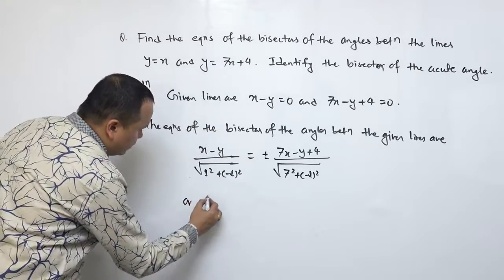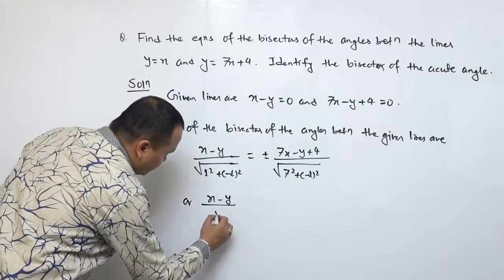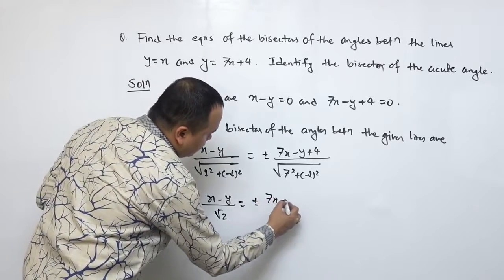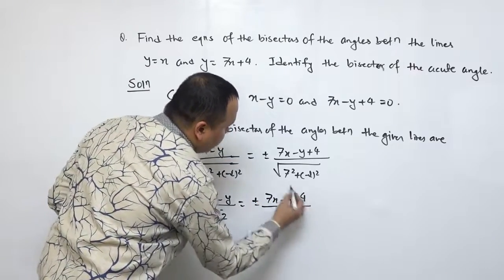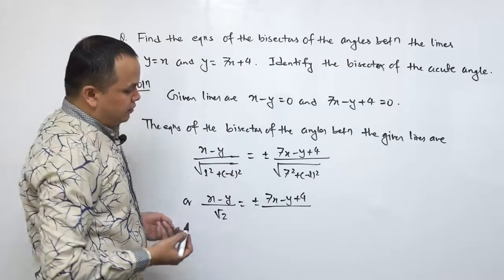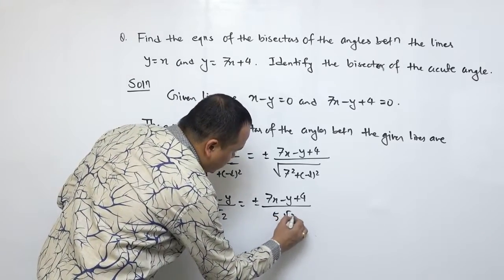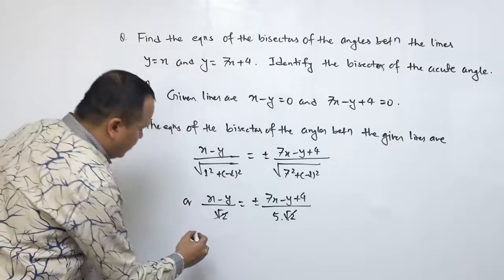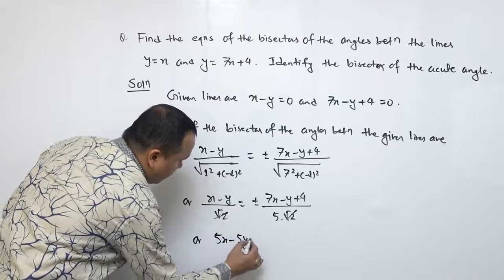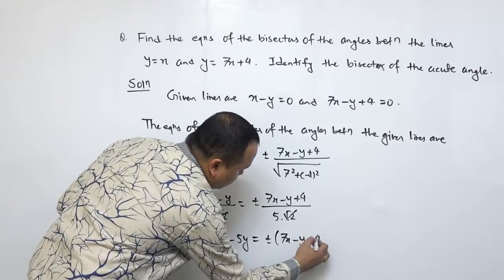This is x minus y upon root 2, and this is plus minus 7x minus y plus 4 divided by root 50, which is 25 into 2, so this is 5 root 2. Root 2 cancels, or 5x minus 5y is equal to plus minus 7x minus y plus 4.